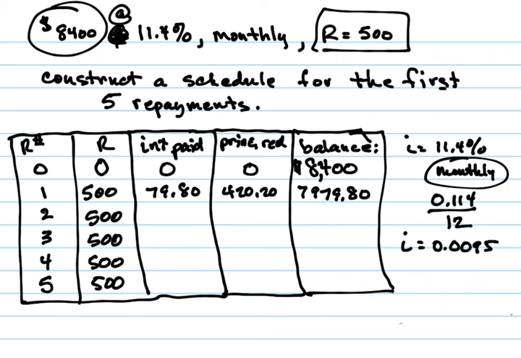First, I need to find out the interest paid, or charged, you should really say. So that's simply taking the interest amount times the balance. And my new balance is this number there, right? Not the $8,400 anymore. And that's why you can't do it all at one time. All right?